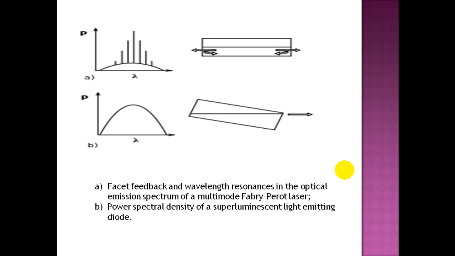Electrical current will flow from the P section to the N section and across the active region that is sandwiched in between the P and N section. During this process, light is generated through the spontaneous and random recombination of positive and negative electrical carriers and then amplified when traveling along the waveguide of a SLED.